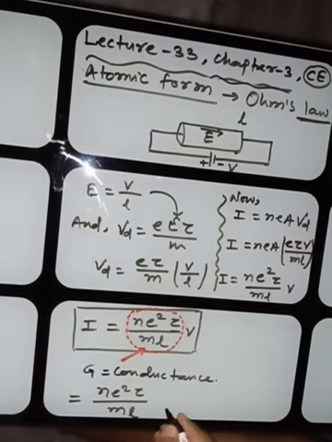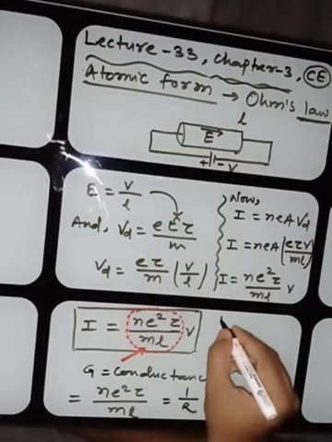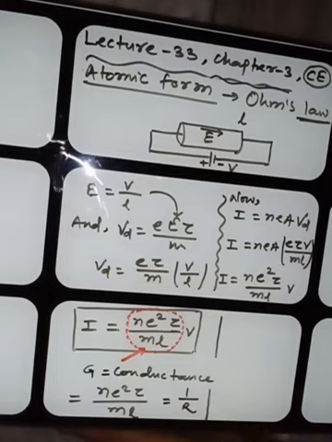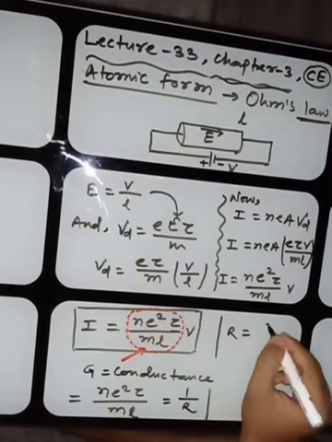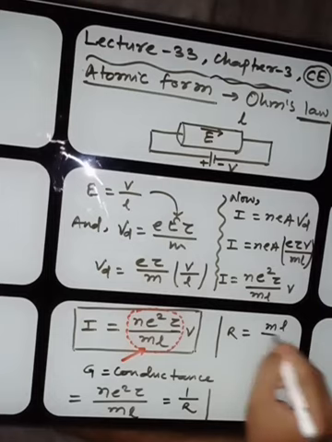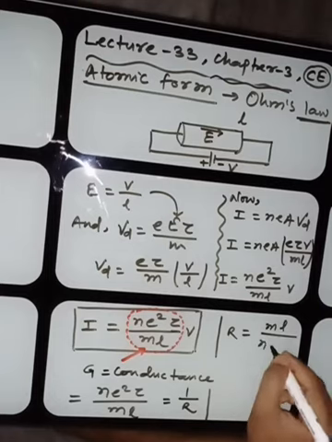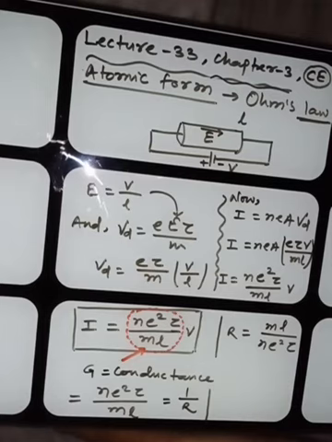Try to remember. It means you can write it as 1 by R, so R will be mL by n e square tau.